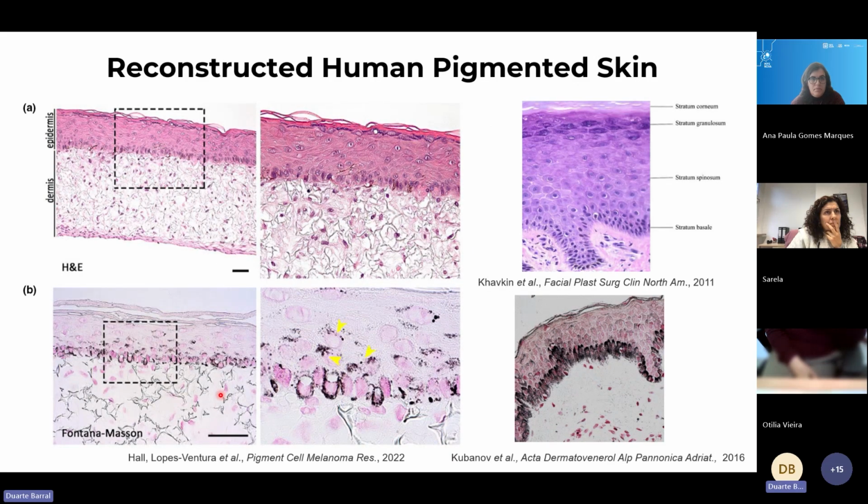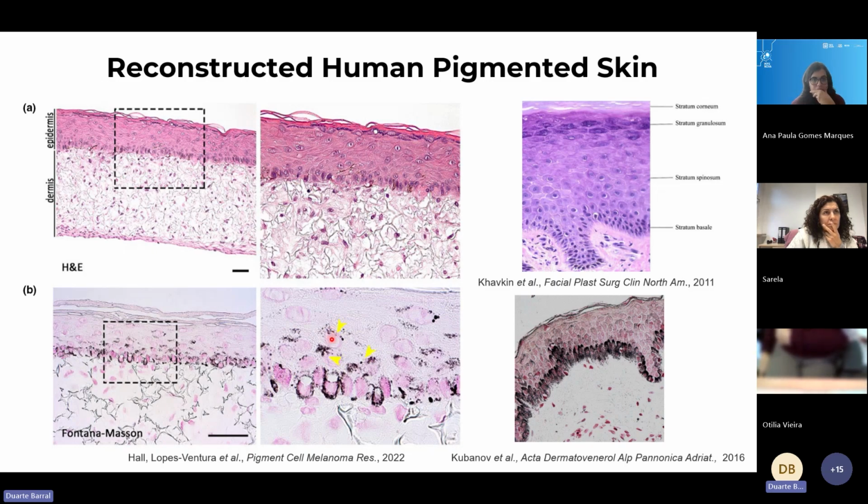Regarding the skin model, the difference, as I said, is the dermis layer, composed of fibroblasts that secrete the extracellular matrix. And then we have a similar epidermis on top of the dermis with all the layers. The melanocytes are nicely aligned at the basal layer, and like in the epidermis, they produce and transfer melanin to keratinocytes, and melanin accumulates in these supranuclear caps.